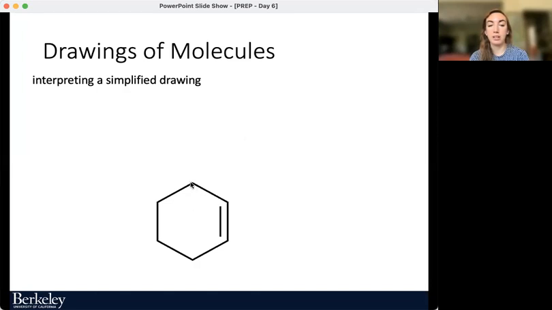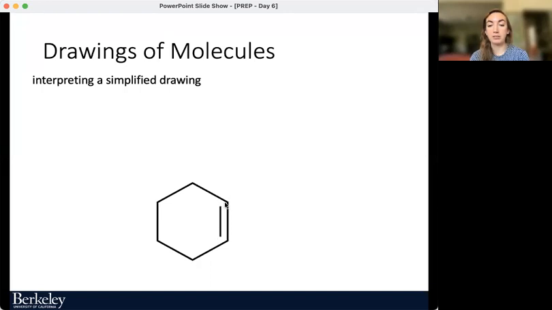So this carbon right here has 1, 2 bonds coming off of it. So it has 2 bonds already. It wants 4. So it has to have 2 more bonds that are going to both be hydrogens. And so all of these carbons are the same deal. They have 2 bonds and they want 2 more.